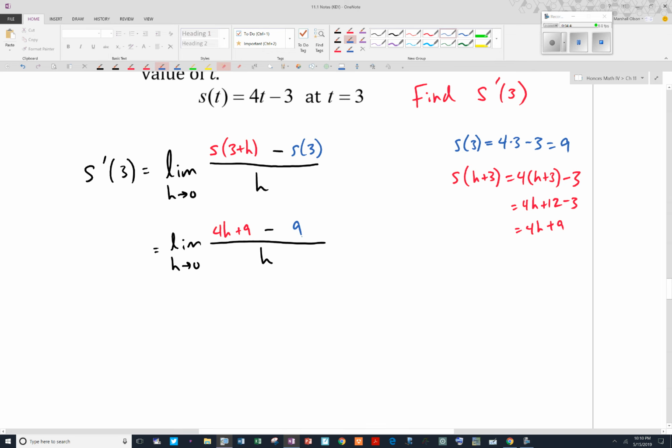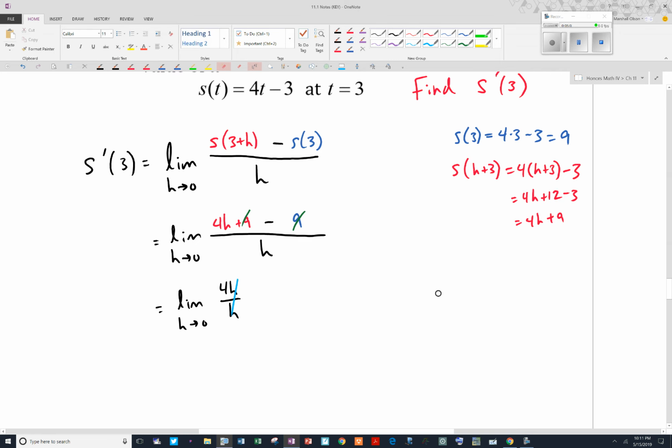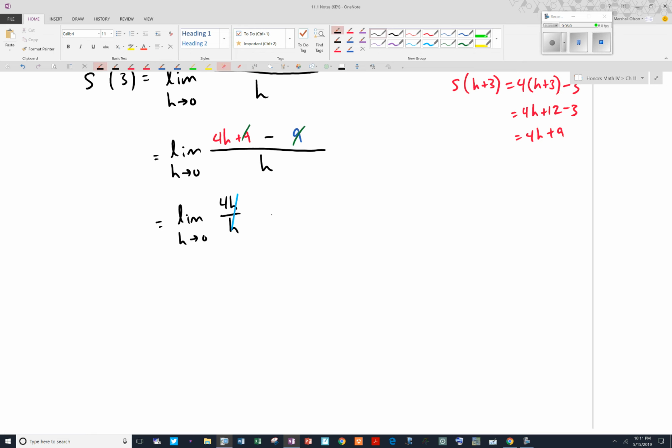So we've got those two expressions in, and now we can say, hey, these 9s cancel out, and we're left with the limit as h approaches 0 of 4h over h, and all those h's cancel out, and we're left with the limit as h approaches 0 of just 4.